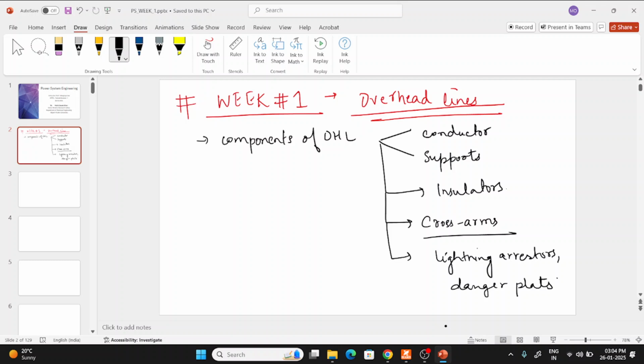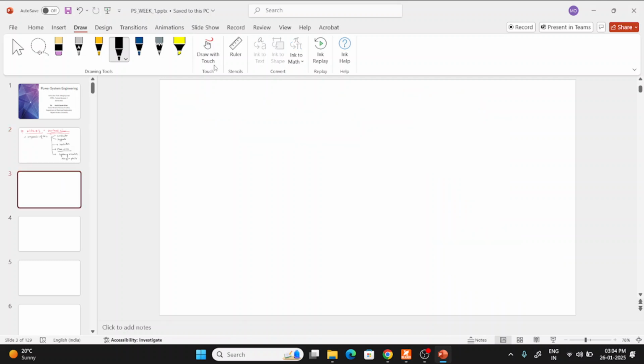So basically, before I start in detail about what the components are and how they support, why do we need a transmission line? The basic question arises, why do we need a transmission line?